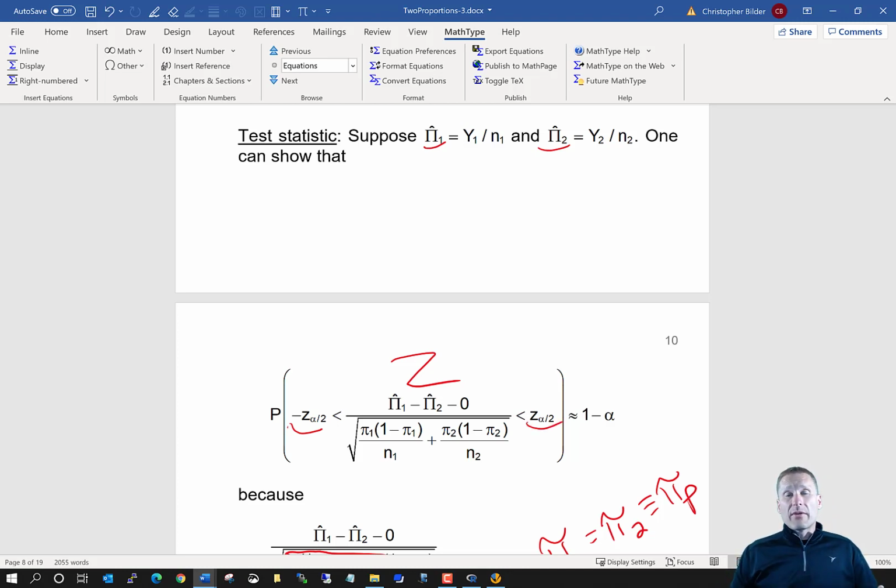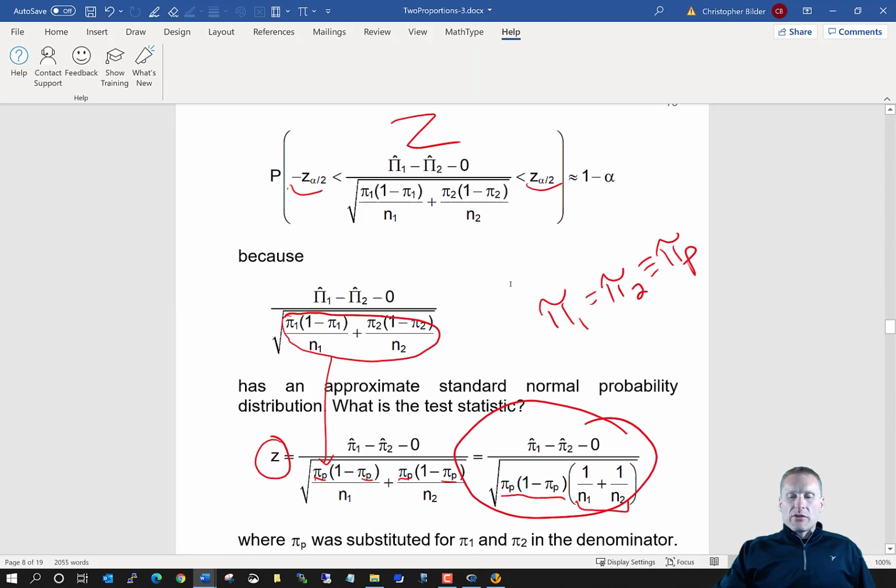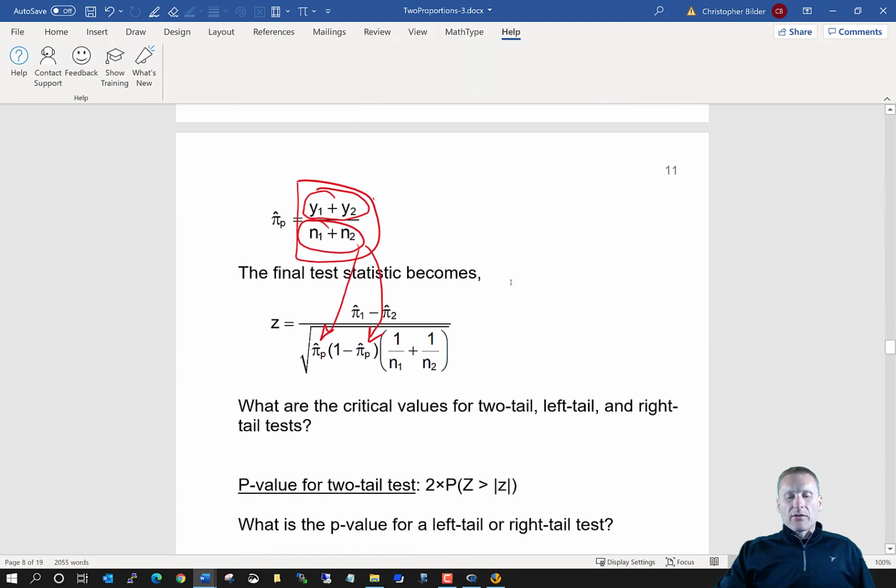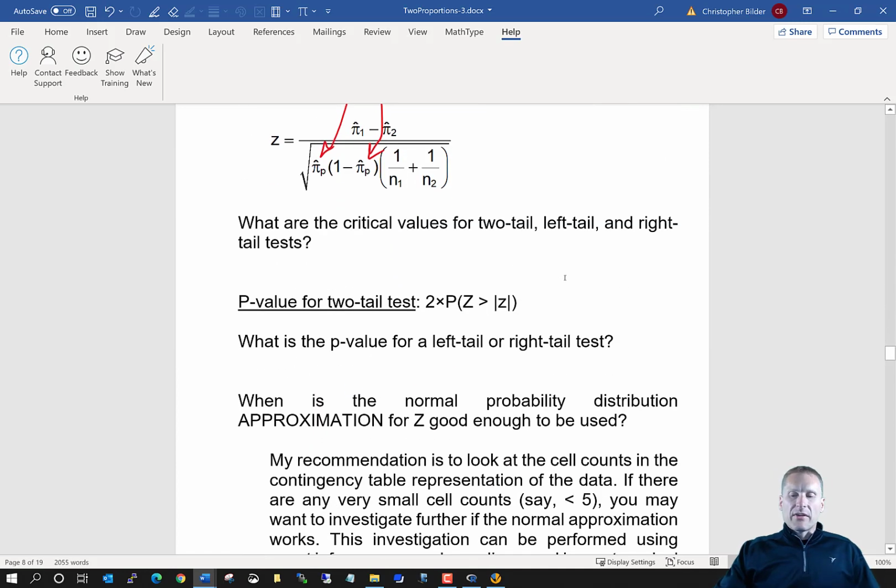Those would be the reasonable values, so we use those for our critical values. Anything outside those two values would be unusual if we had a small alpha, which we always do. Then on your own, you should think about what the critical values will be for a left-tailed test or a right-tailed test. And if you're not sure, you do need to ask.